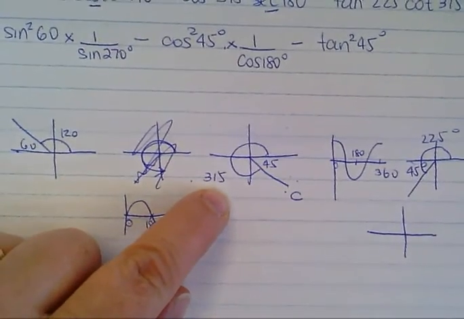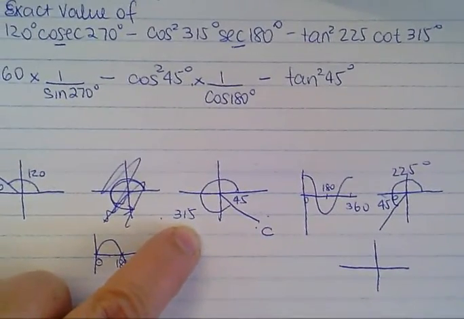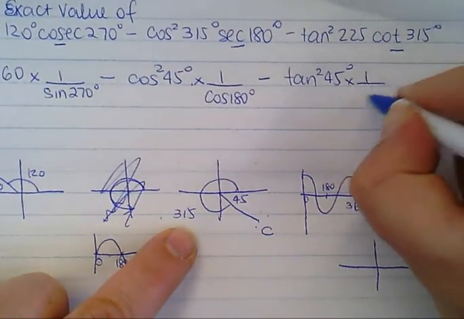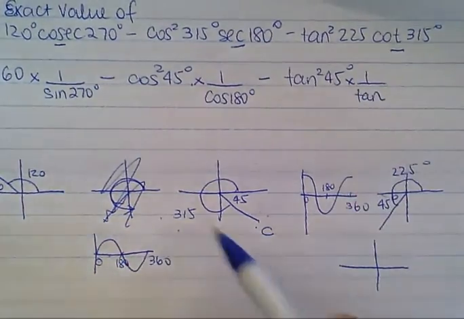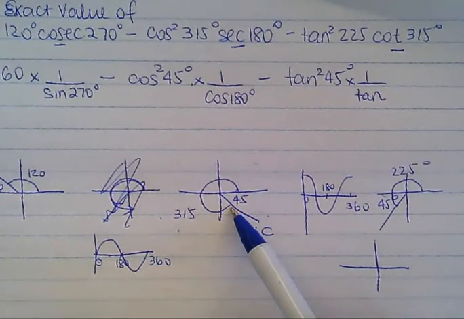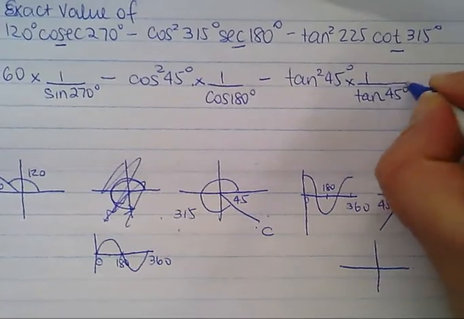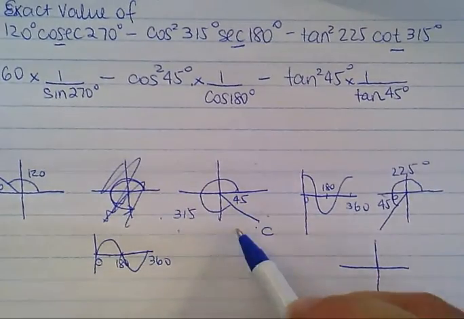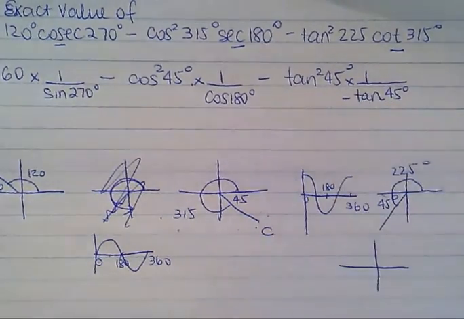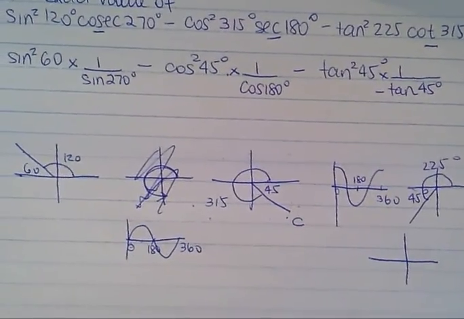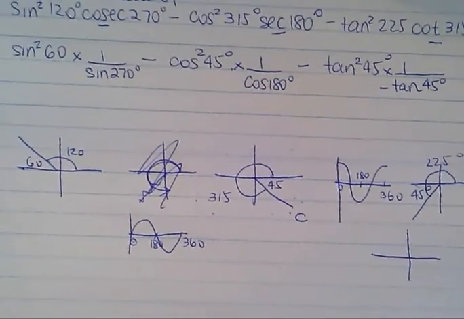I don't have to draw that one again. That's times 1 over tan of, what's the acute angle if you've got 315? 45. Is it positive or negative? All stations to central. It's negative. So that's what we've got. So we're just going to work them out. Notice how the diagrams help.